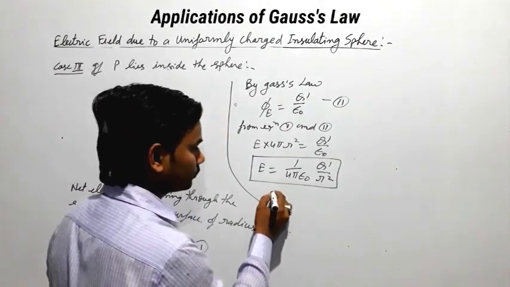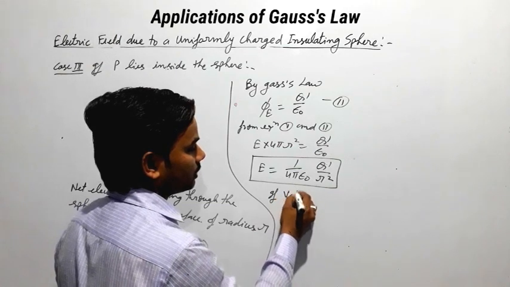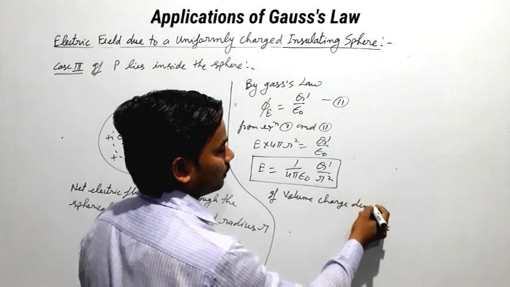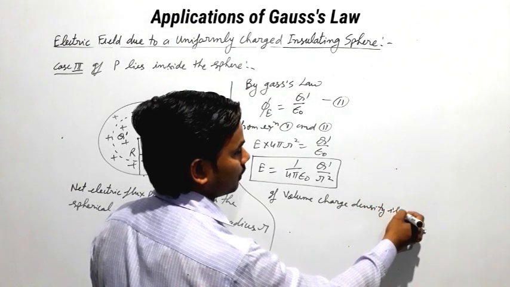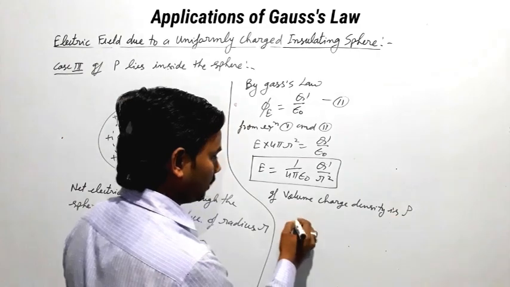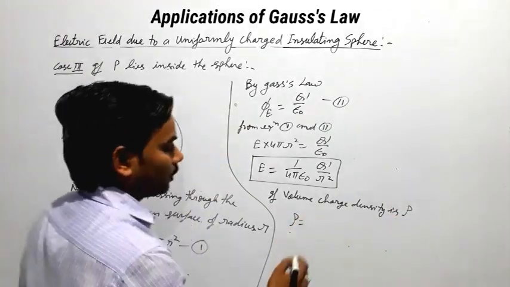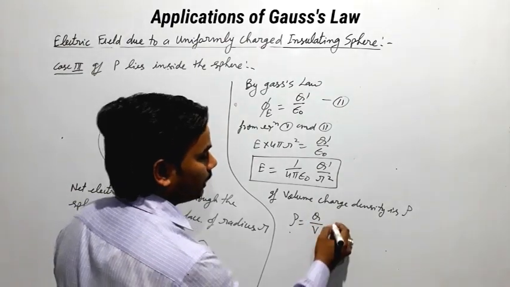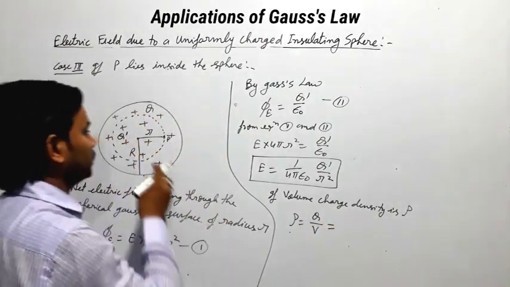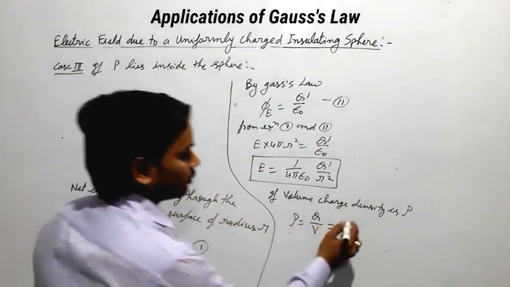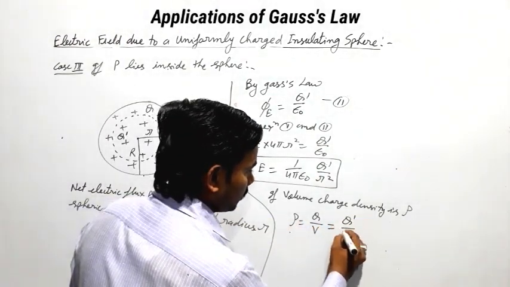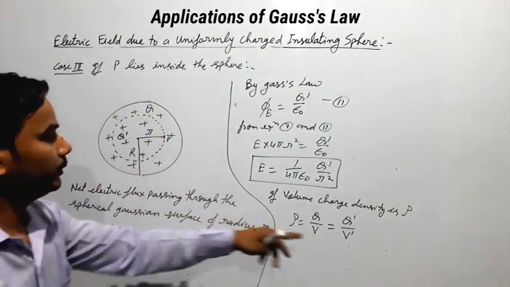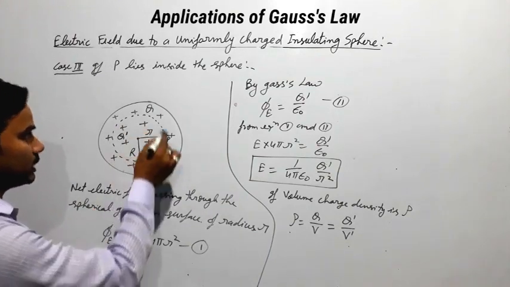Now if the volume charge density is rho, then rho equals q upon v, and this will always be constant throughout the volume. So this will be q dash upon v dash. Here v is the total volume of the sphere and v dash is the volume of this Gaussian surface.